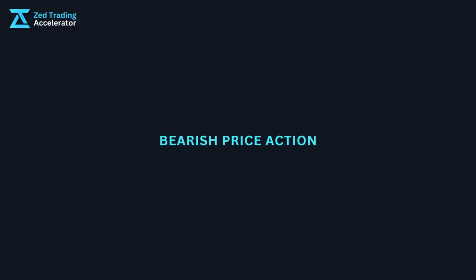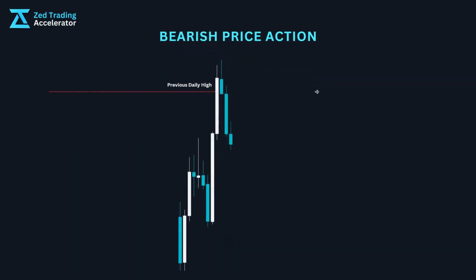And another example for bearish price action. Right. So now here, as we can see, we have taken out a previous daily high. Now the price has taken out a liquidity. What do you think the price will now seek? Liquidity and imbalance.